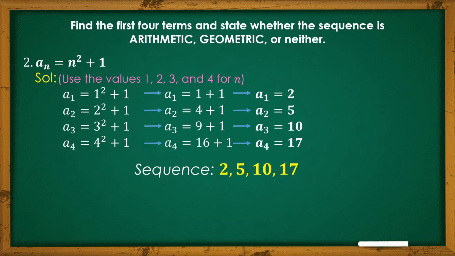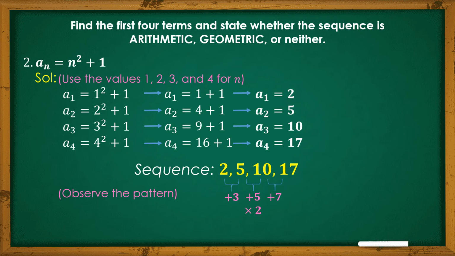Now, our sequence is 2, 5, 10, 17. Let's observe the pattern. We get 5 by adding 3 to 2. We get 10 by adding 5 to 5. We get 17 by adding 7 to 10. So, wala tayong makikitang common. How about multiplication?